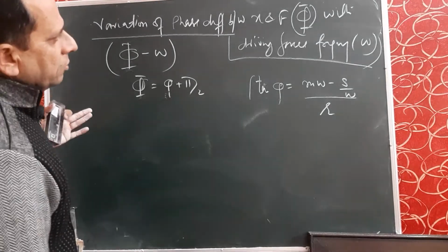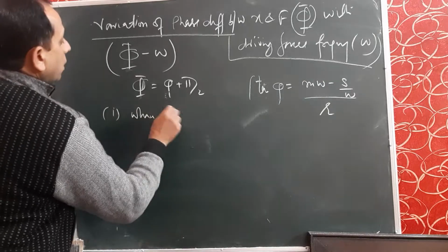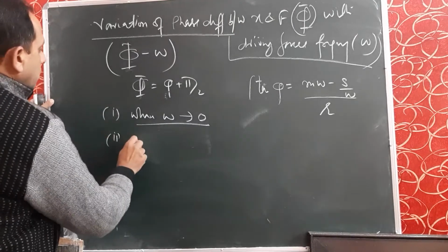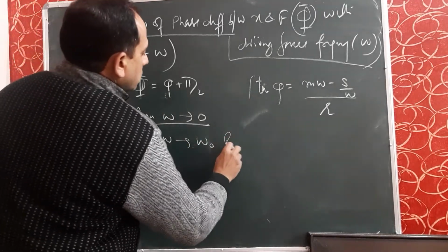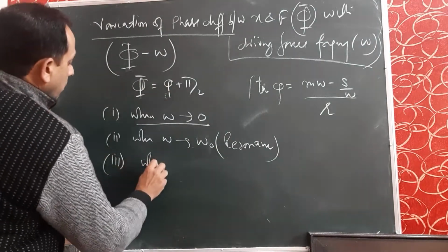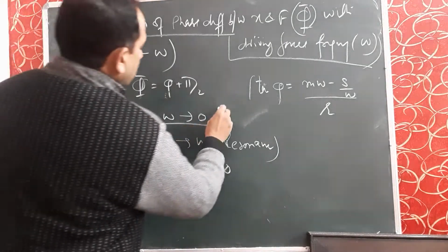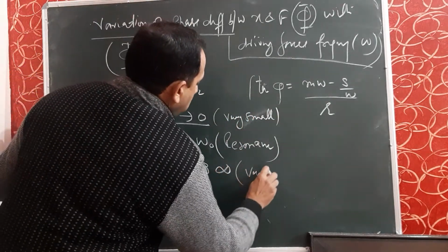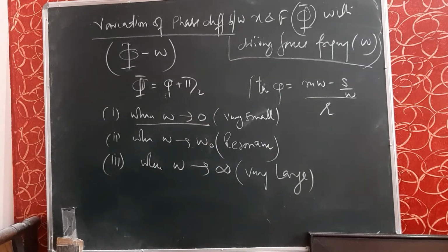We will plot a graph by taking three values. First, when omega is very small, that is omega tends to 0, second, when omega is at resonance, omega naught, called the resonance frequency, and third, when omega is very large, that is infinity. 0 means very small and infinity means very large, and the medium value is the resonance value.